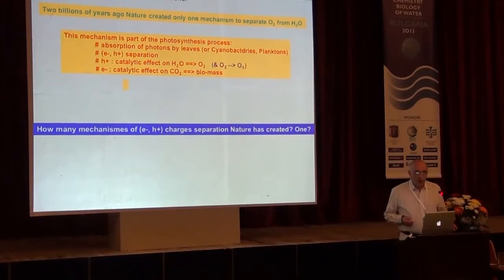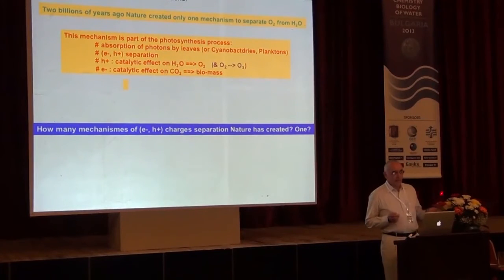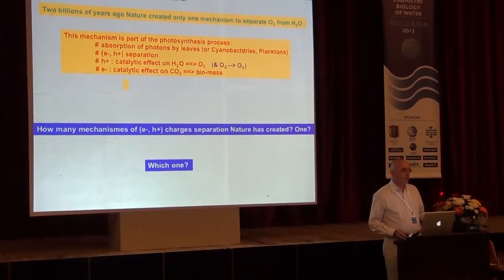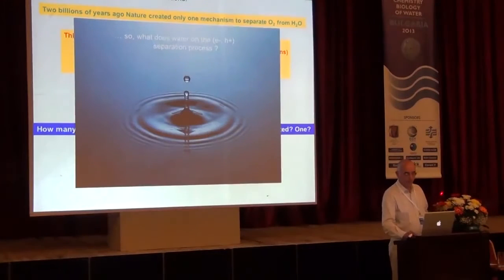I ask myself, how many mechanisms do we have for charge separation? Do we have 1, 2, 3? In my opinion, we don't have too many. Maybe some, or 1.